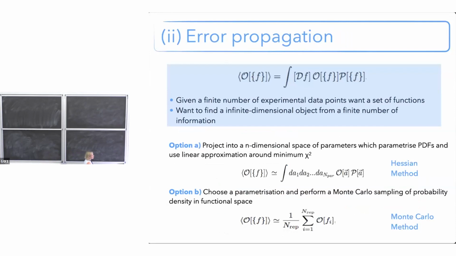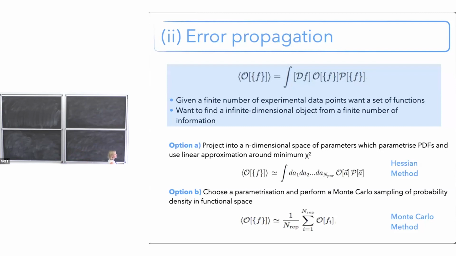Again, you can't directly do an infinite dimensional probability density, so you always have to project this problem into some kind of finite dimensional problem, okay? So clearly, if you choose the optimal parameters, you're already projecting the functional space into a restricted n-dimensional space where n is the number of parameters, okay?